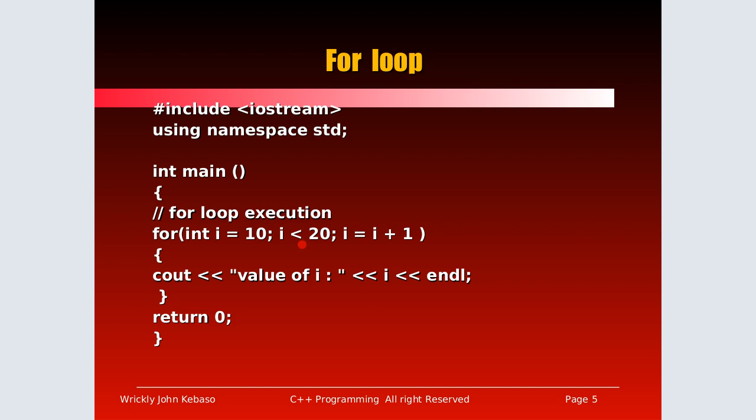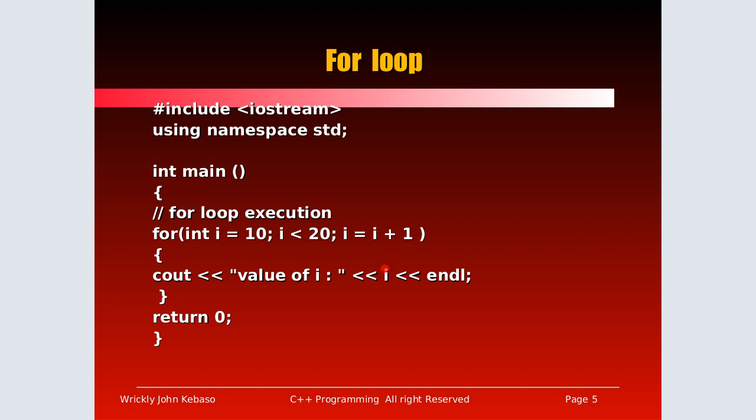Then the loop condition will be checked to see whether the value is less than 20. And if it's less than 20, that number I will be increased by 1. So I, which is 10, equals 10 plus 1, we get 11.